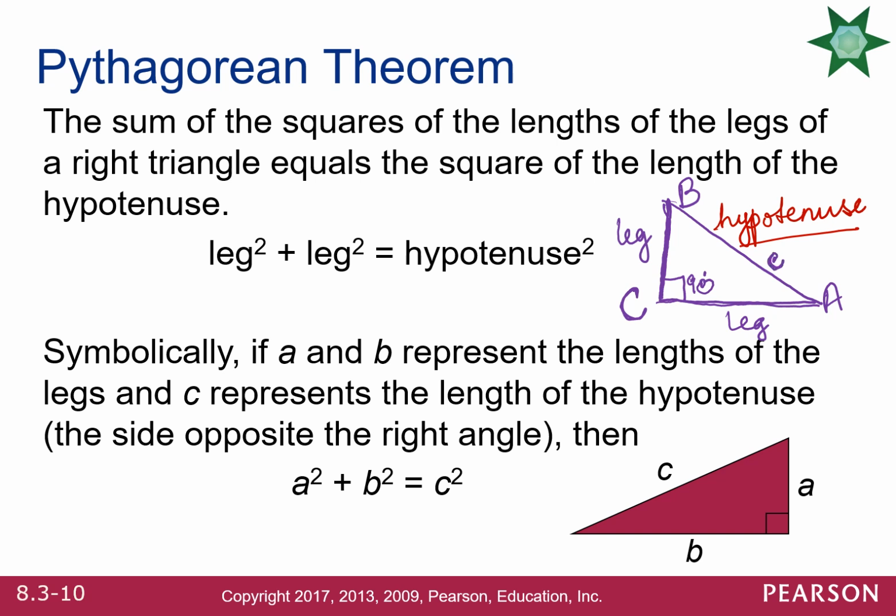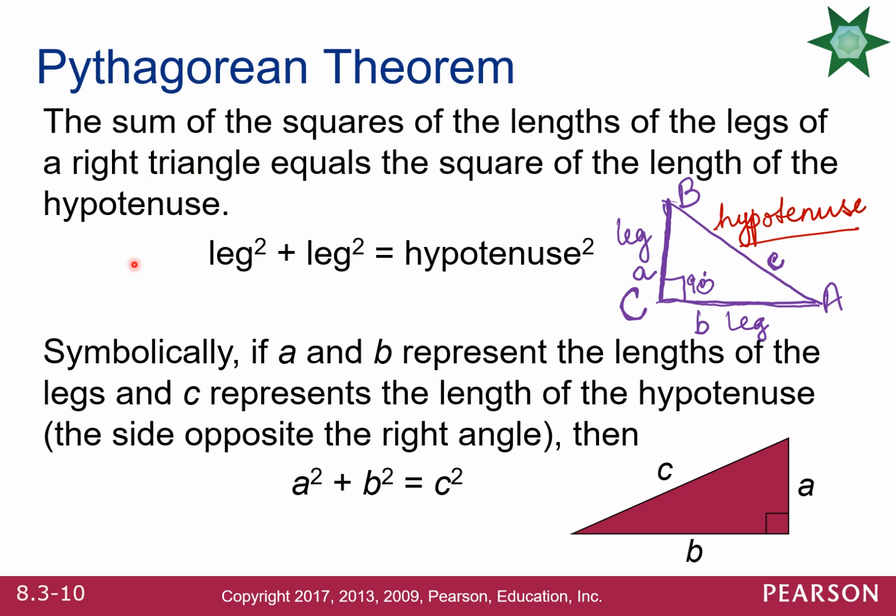The side opposite angle A will be denoted by lowercase a. And the side opposite angle B will be denoted by lowercase b. That's how we represent the sides. It's just a convention, so people know which side is opposite to which angle.